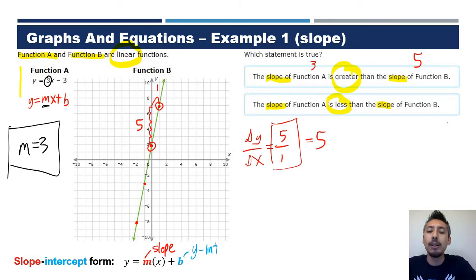No. 3 is not greater than 5. And because of that, the second option right here must be true. The slope of function a, which is 3, is less than the slope of function b, which is 5. Yes, that is correct. 3 is less than 5. The second choice is correct.